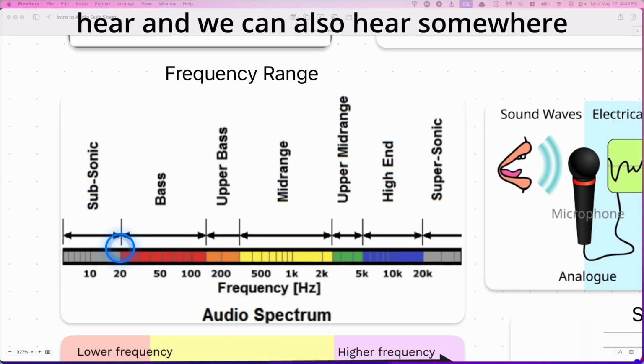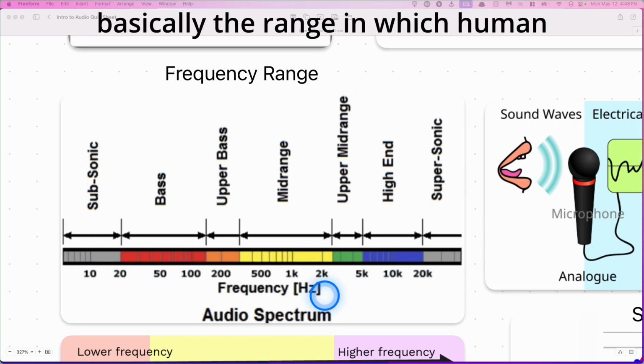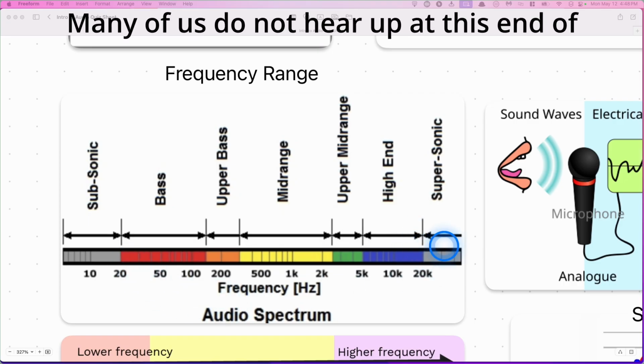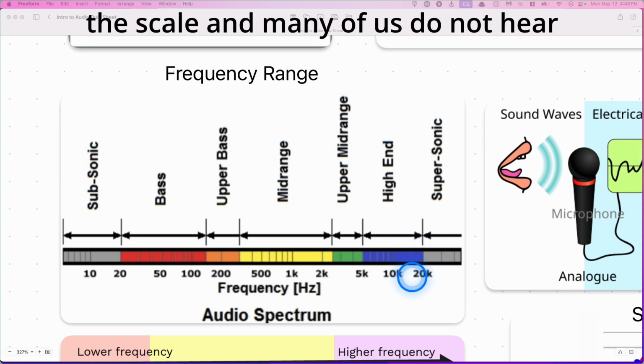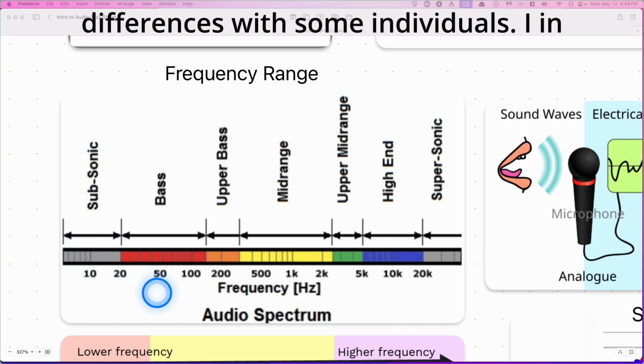And we can also hear somewhere down here around 20 hertz. So this is basically the range in which human beings hear. Many of us do not hear up at this end of the scale, and many of us do not hear below 20 hertz, but there are some differences with some individuals.